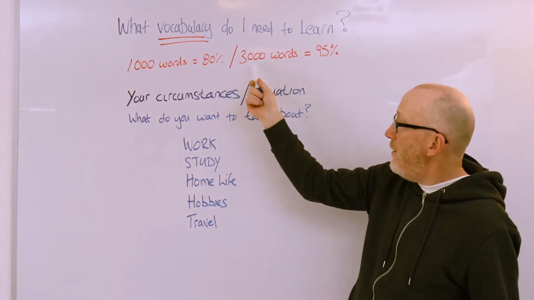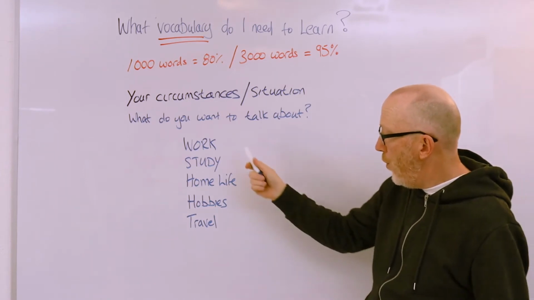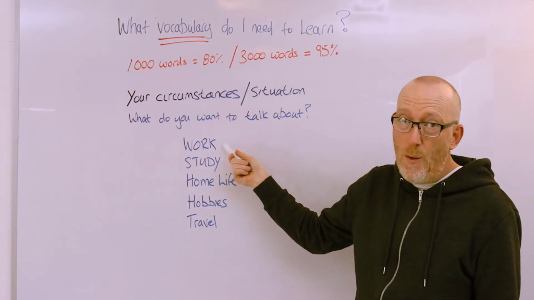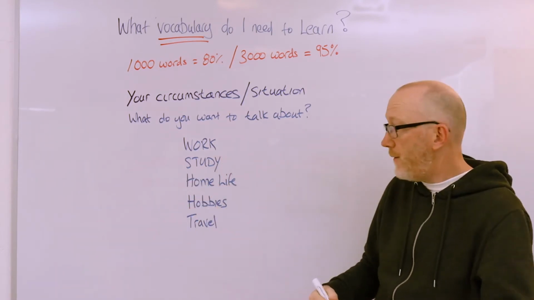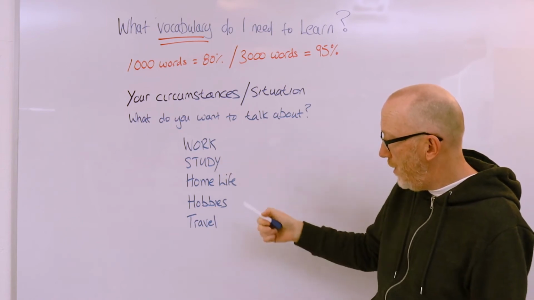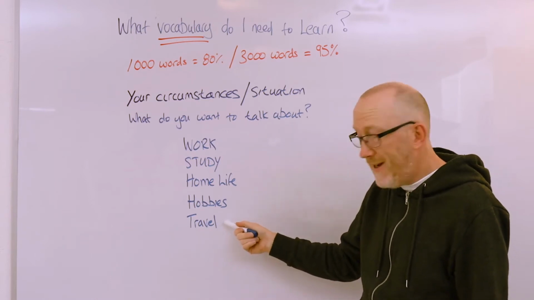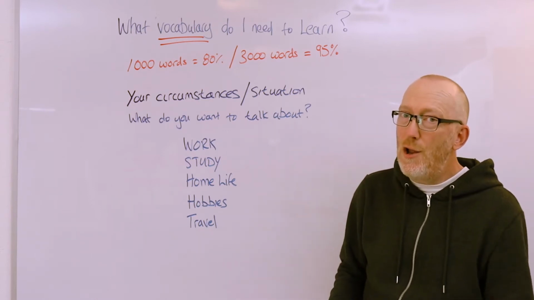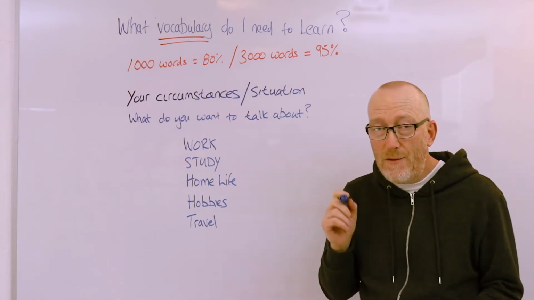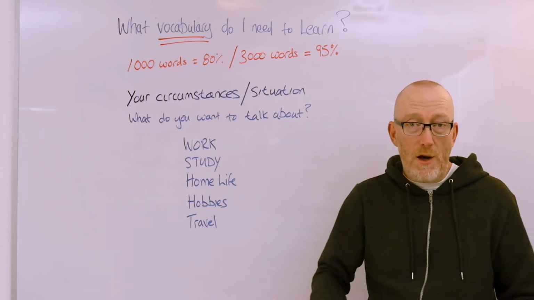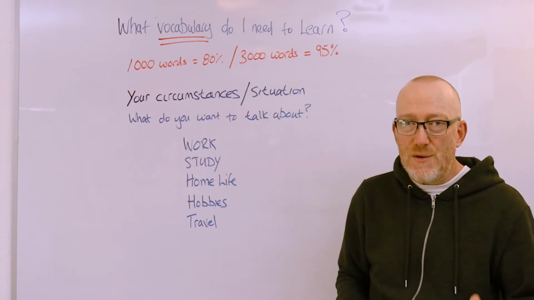Because if you're going to learn 3,000 words, okay, and only 3,000 words, then the words that you need to use at work to describe your job and to communicate with work colleagues or clients are very different to the words that you would need to talk about your hobbies, or very different to the words you would need if you are traveling on holiday and using English. Yeah? So the words that you need depend upon why you are learning English and under which circumstances you intend to use English.